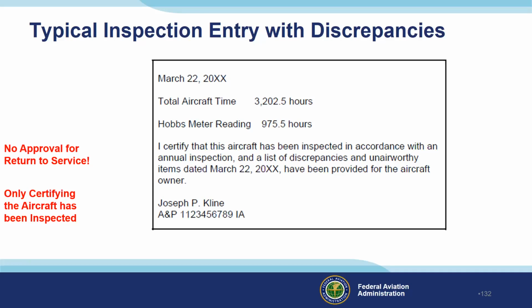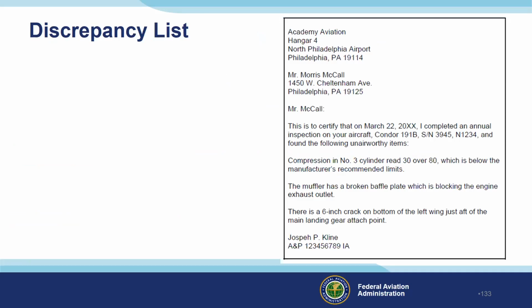There's no approval for return to service. Here's a sample of the letter that would be given to this owner. Completed an annual on your aircraft. Make sure you identify the aircraft, model, serial number, tail number, and be specific on the discrepancies.